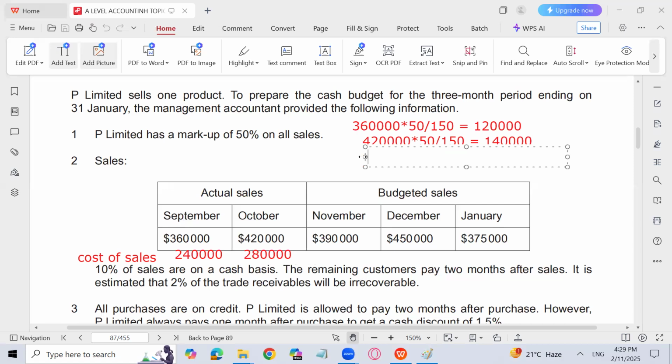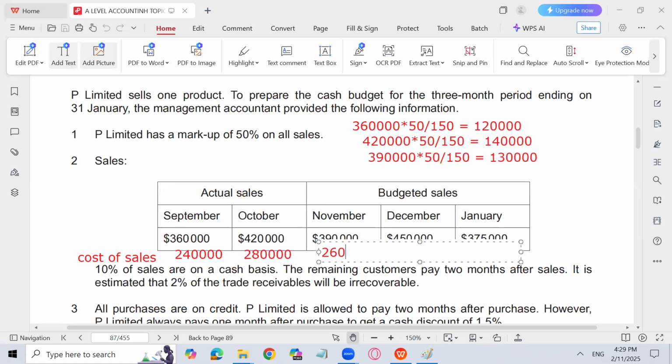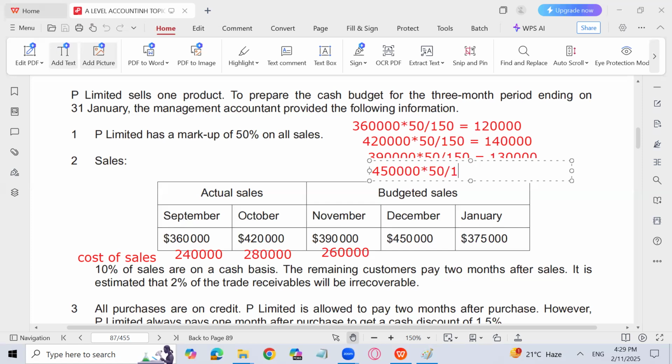Then 3,90,000 into 50 divided by 150 is 130,000. 3,90,000 minus 1,30,000 is 2,60,000. Then for December, 4,50,000 multiplied by 50 over 150, which is the margin, 150,000. And 4,50,000 minus 1,50,000 is 3 lakh.